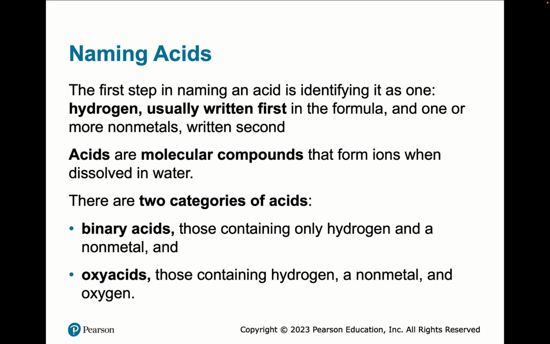For acids, we have to identify the compound as an acid. For hydrogen, it's usually written first in the formula, and for most nonmetals, it's written second. The second rule is more for organic chemistry, which is going to be much further along.